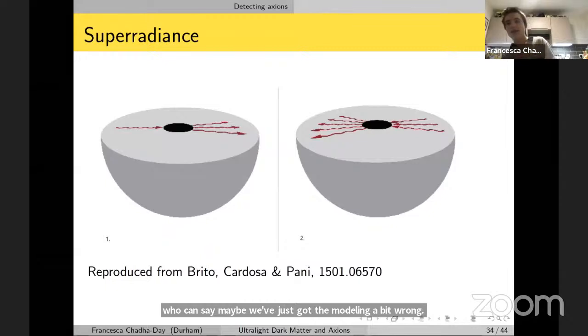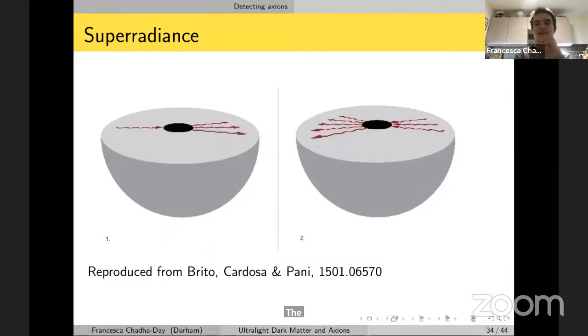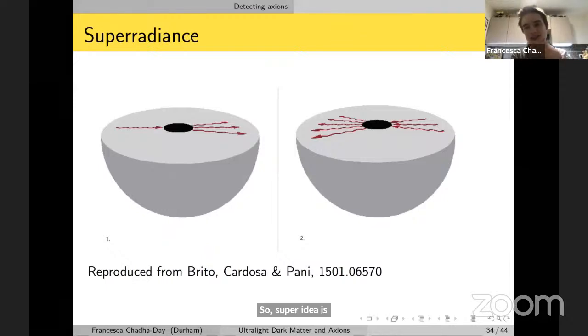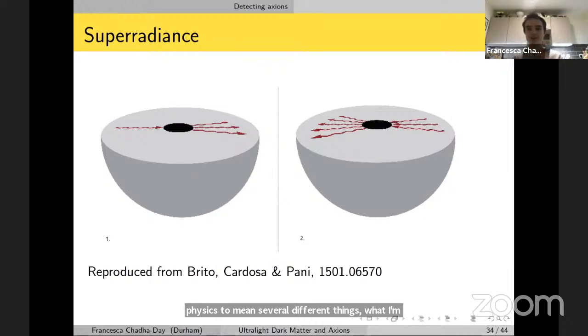The next one I want to talk about to search for axions is superradiance. Superradiance is a word that is used a lot in physics to mean several different things. What I'm talking about here is black hole superradiance. You might know that if you have a Kerr black hole, that's a black hole that's rotating, then the black hole will have an ergo region.